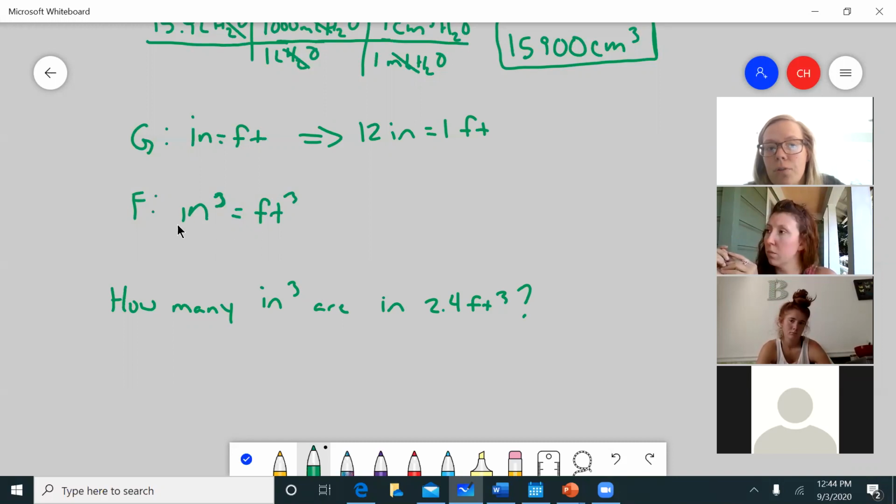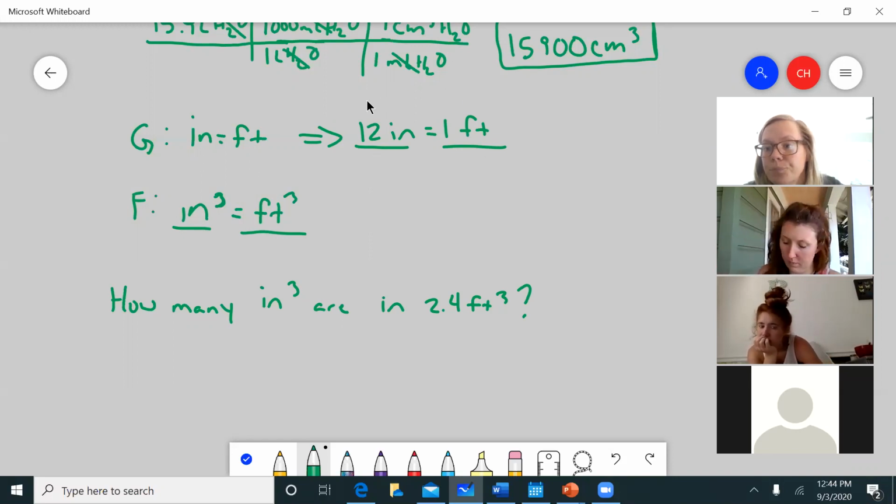You don't know the conversion factor between inches cubed and feet cubed off the top of your head, but you do know the relationship between inches and feet. It's pretty basic: 12 inches for every 1 foot. So we can actually derive this relationship from this.